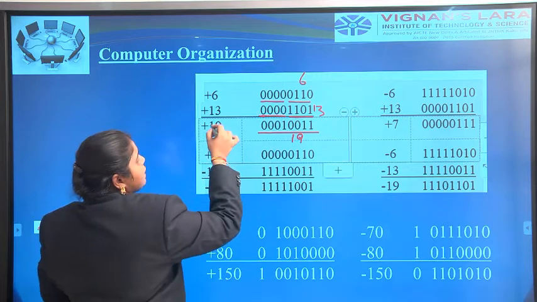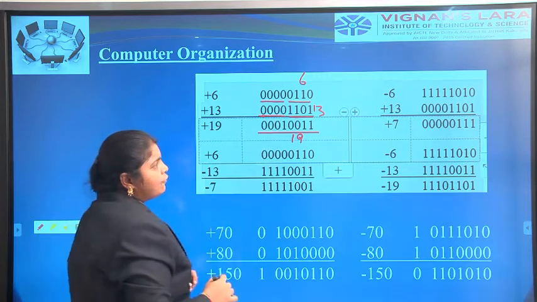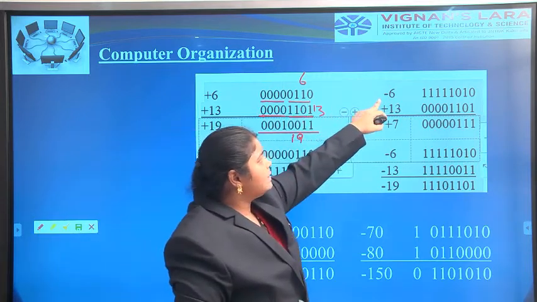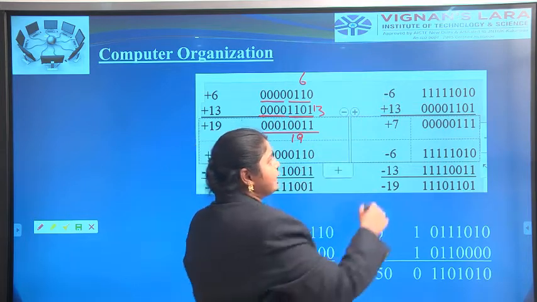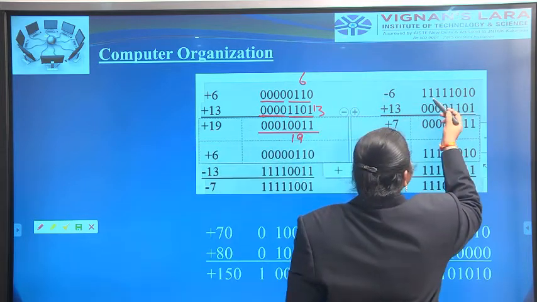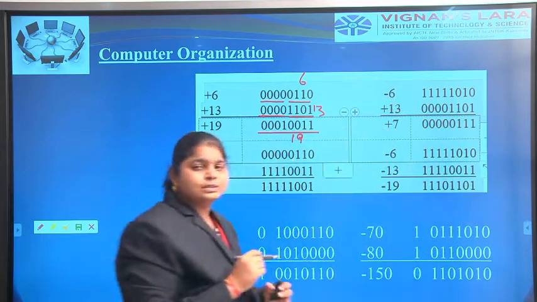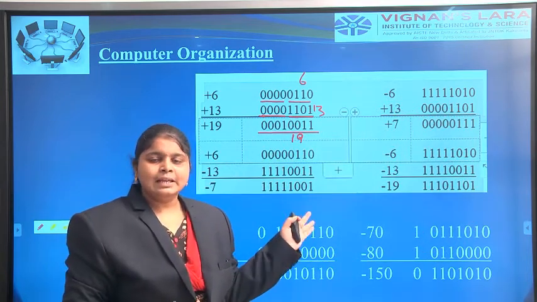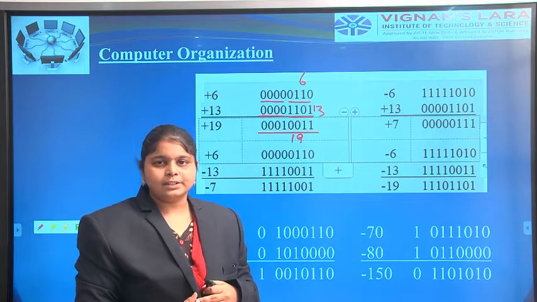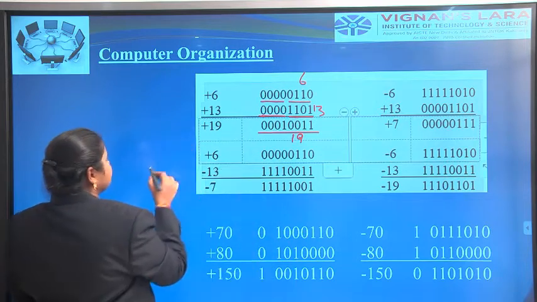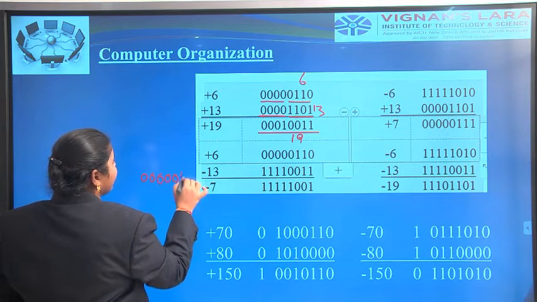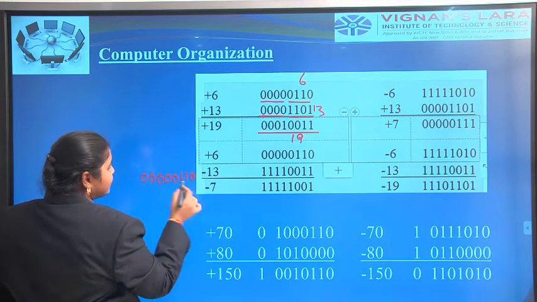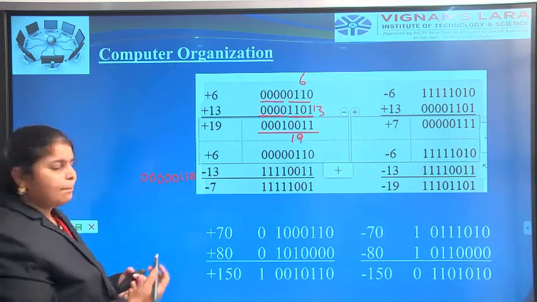Okay, this is a decimal format and this is a binary format. Here we take minus 6 and plus 13, which means 7. For the minus number, we have to change the operation. For example, 6 means 0, 0, 0, 0, 0, 1, 1, 0. We have to take this in the form of 2's complement.